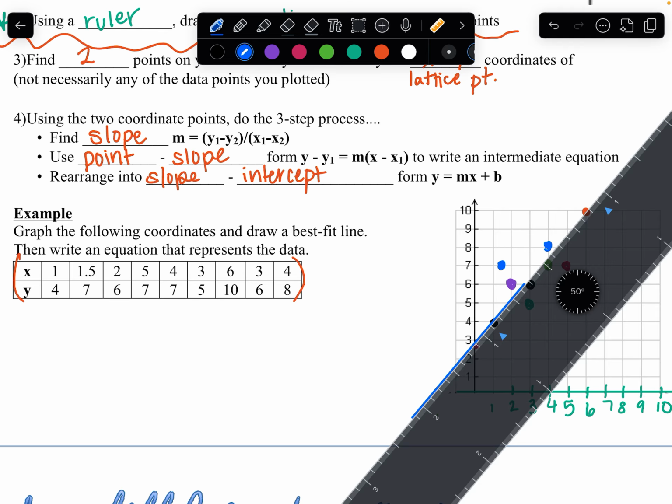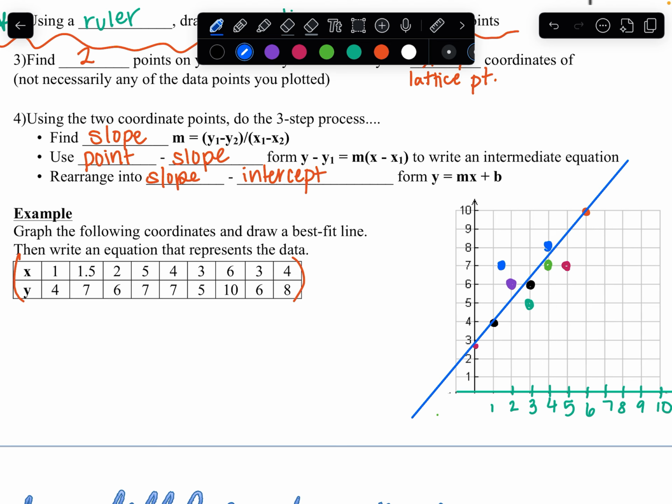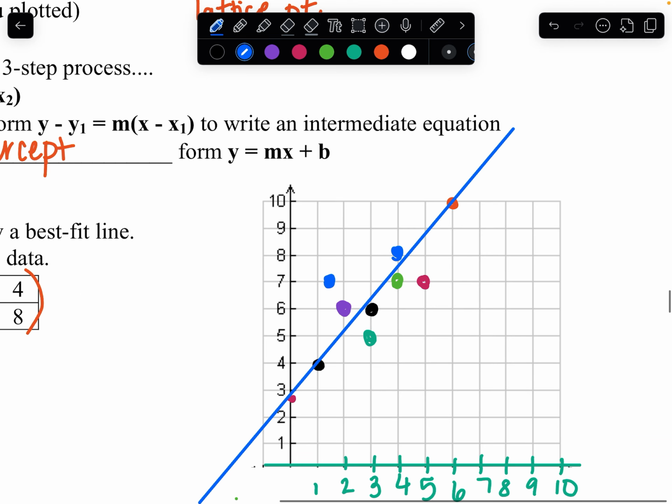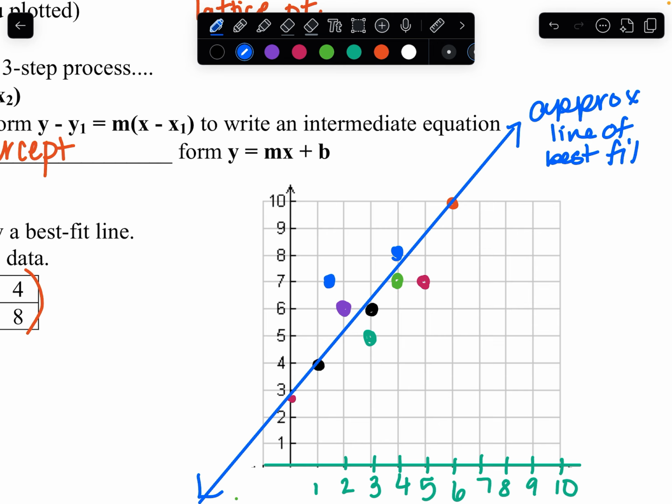It's just an approximation. And so this is my approximate line of best fit. The reason we draw this is that it can tell us that we have a linear correlation that is positive.